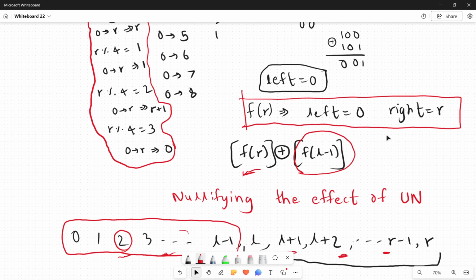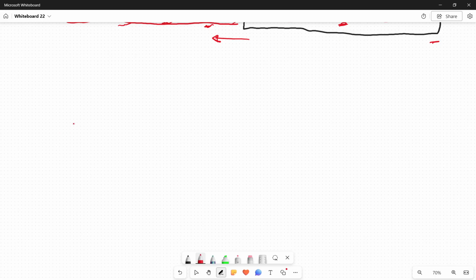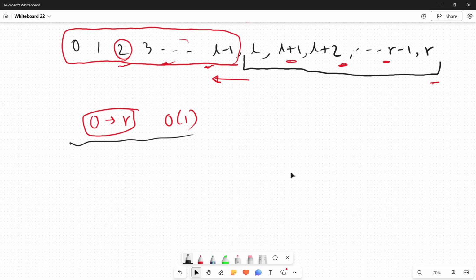Now you know that you can calculate the XOR of all elements from 0 to r in O of 1 time. So how to find the XOR of all uninteresting numbers, and then finally XOR it with this result to calculate f of r?